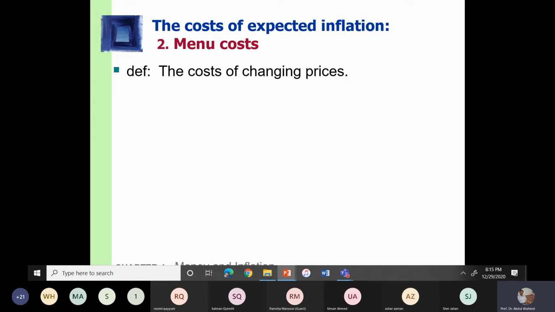In the past there were printed menus, but now we have digital menus, so that cost is low. In the past that cost was high. If you went to some restaurant, there was a book that contained different prices of different items, and if there was a change in prices, they had to print a new menu.